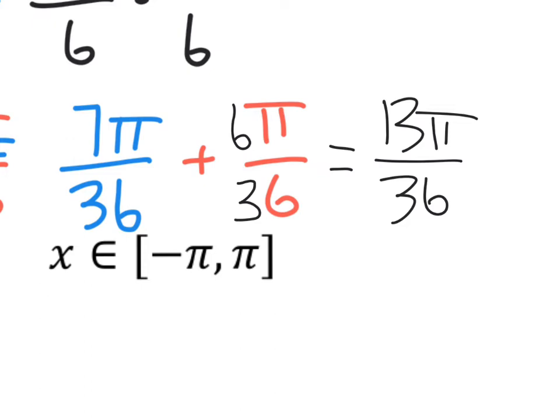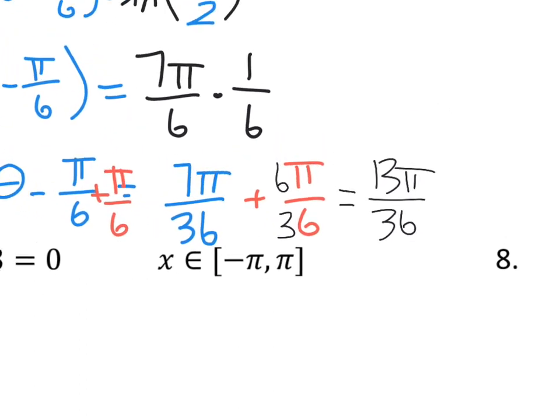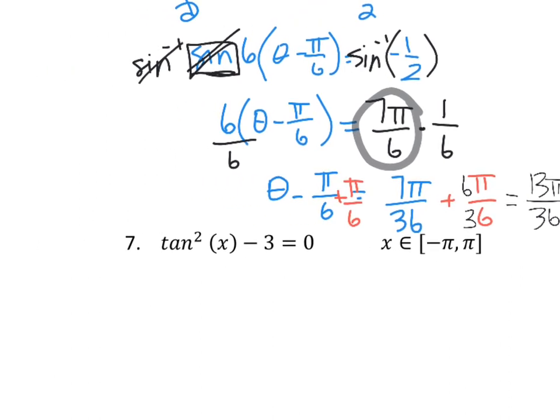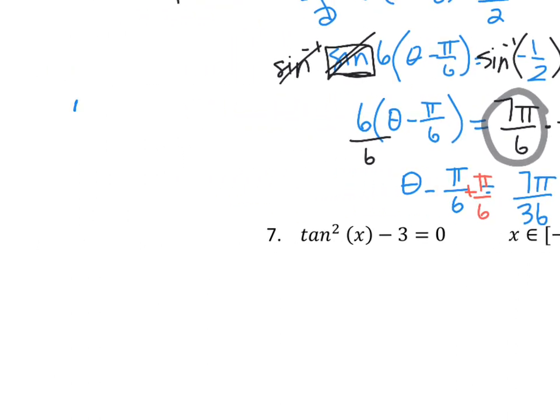Now that's only one answer because there's another place on the unit circle where the sine is also negative 1/2, other than 7 pi over 6. So let's go back over here to this part of our equation and plug in our second angle where the sine is negative 1/2. And that happens at 11 pi over 6.